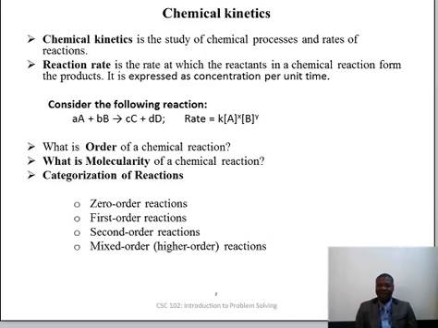That is, rate is equal to k multiplied by the concentration of A and the concentration of B. The unit of rate constant for a second order reaction is per molar per second. In general, a second order reaction takes the form 2A going to product.